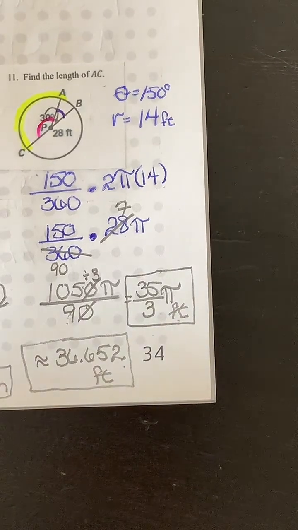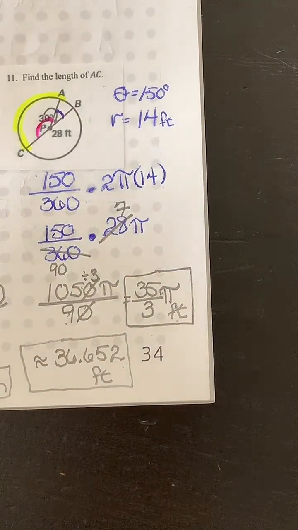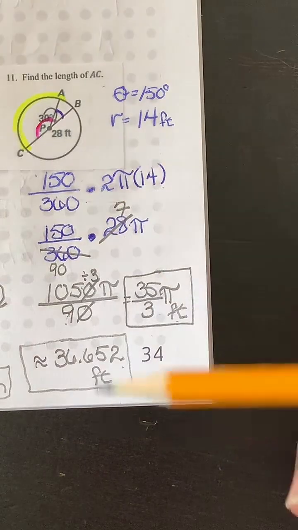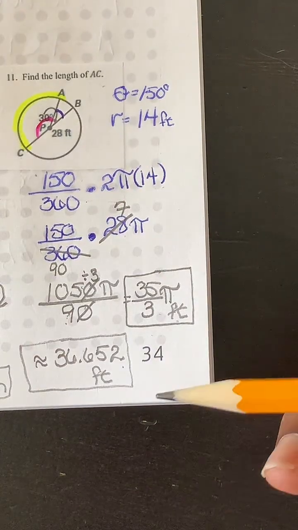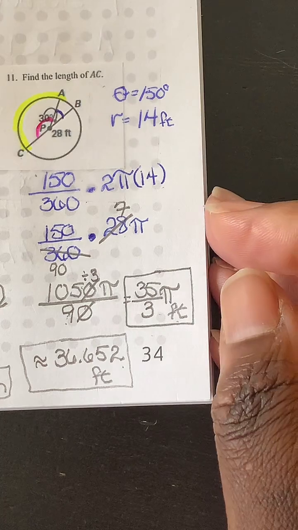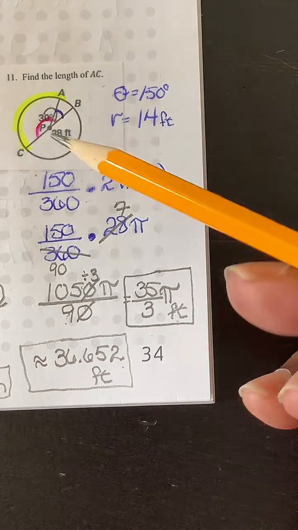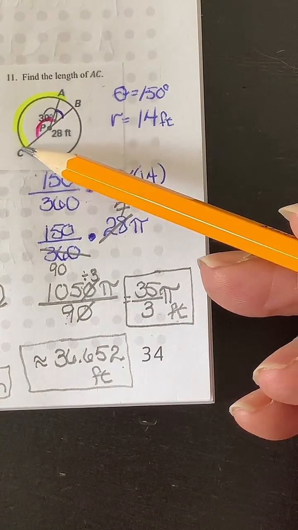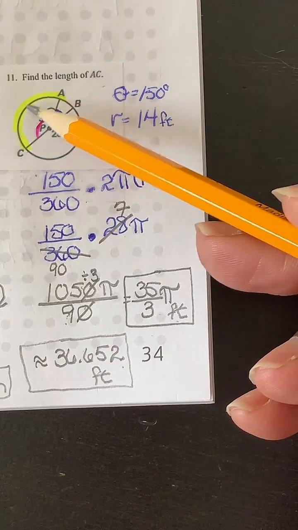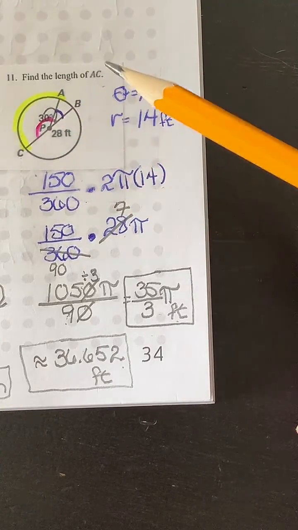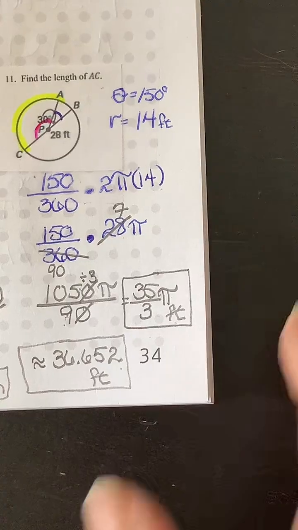If you want to think of it almost like a pizza, you want to see how big is the crust. Like if you wanted to make your own stuffed crust pizza and figure out what would be the length of that crust. That's what you're doing.